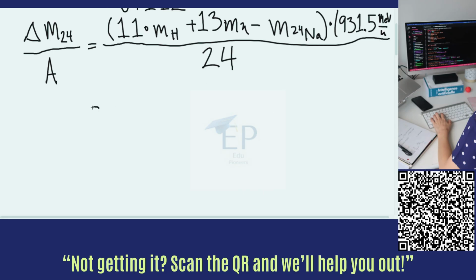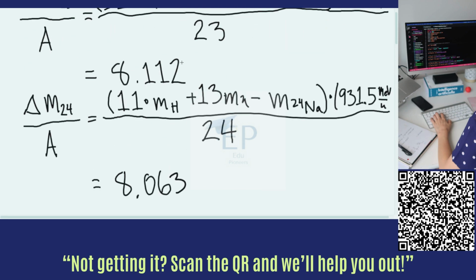Those numbers come out to, I have 8.063. And I'm sorry, on my last one, I should have had megaelectron volts. Always want to remember the units. And we'll box these.